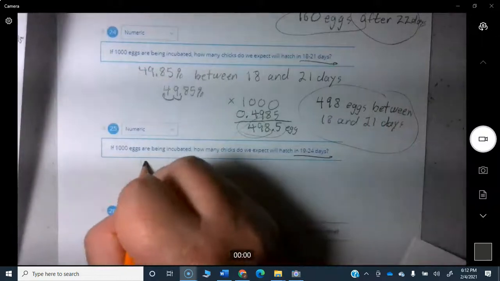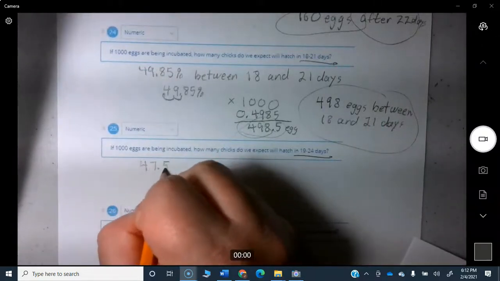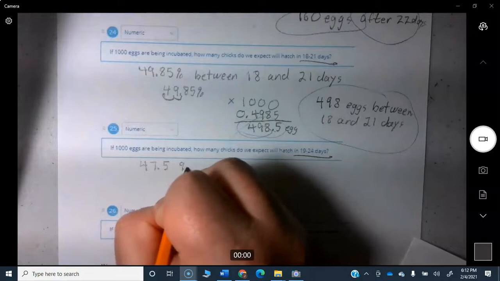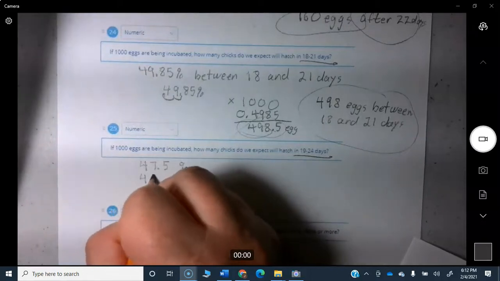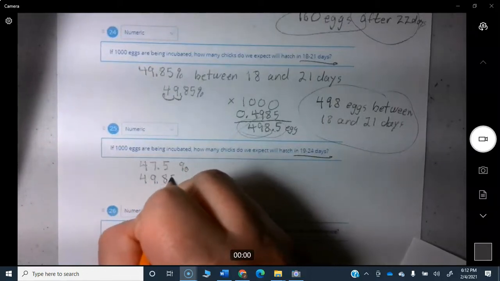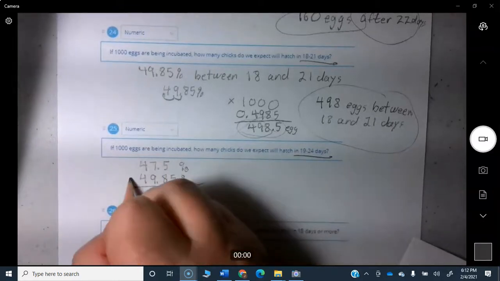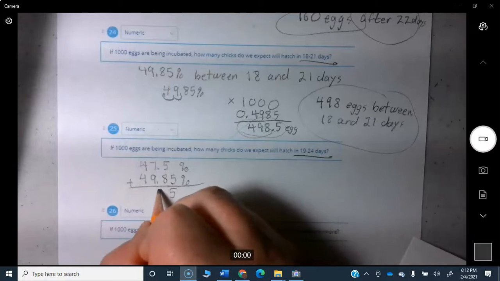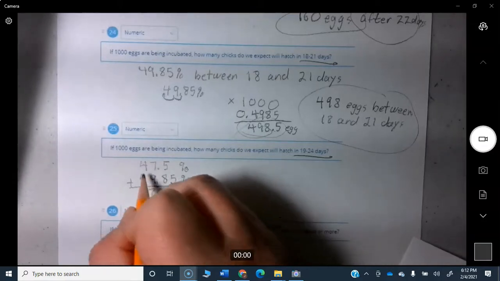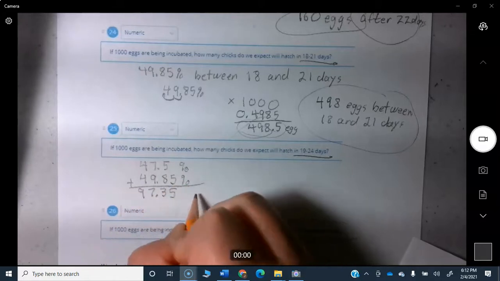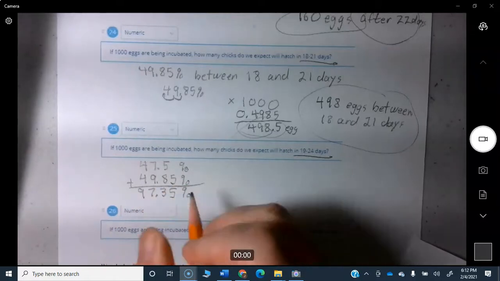So let's go do that. So here it's 47.5. And this one is 49.85. Okay, and we're just going to add that. We get a 5 and we get a 3 for 13, 16, 17. Carry the 1 is 9, 97.35%.